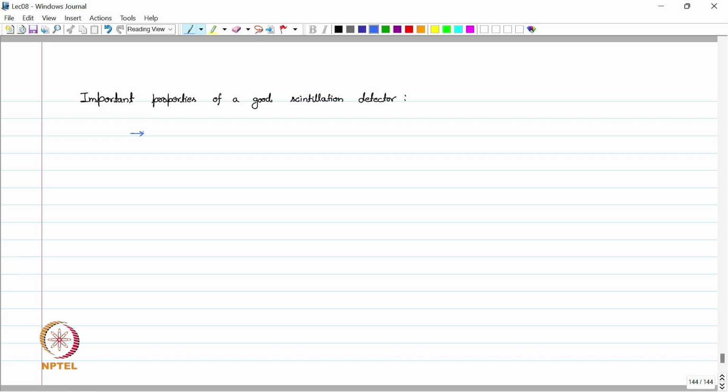The very first property of a good scintillation detector is high scintillation efficiency. The second is the light yield should be proportional to the deposited energy of the radiation.